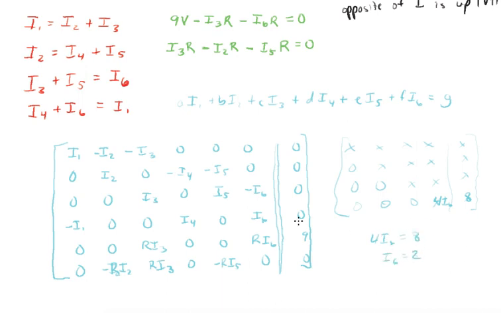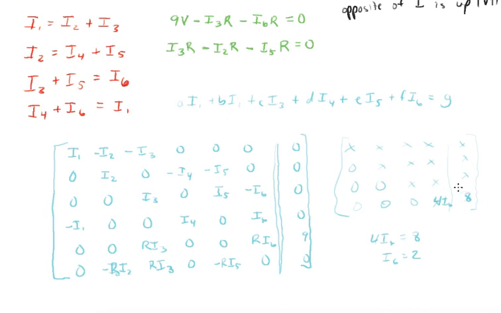Now I just made those numbers up because I'm not going to go through and do all this. It takes too long, and I don't want this video to be too long. But once you know what I6 is, you can substitute 2 for I6 everywhere in the matrix, and that eliminates that variable.